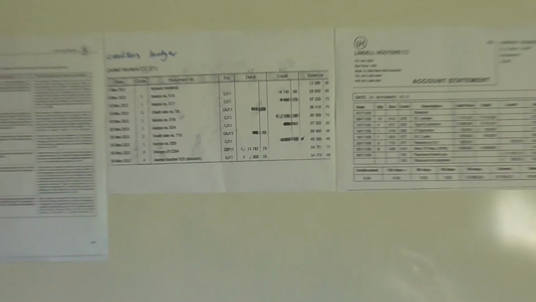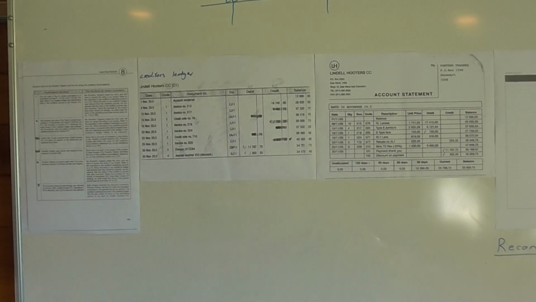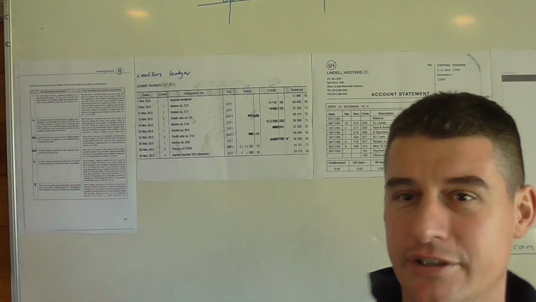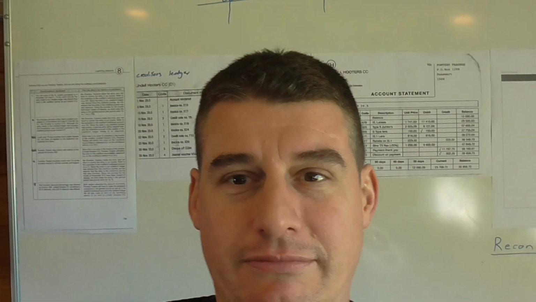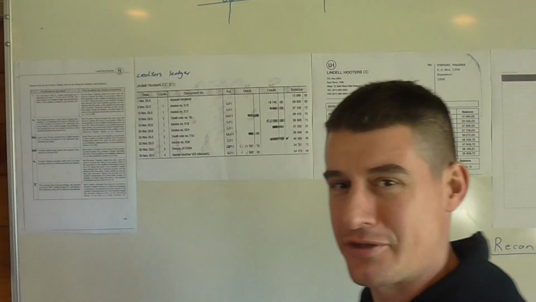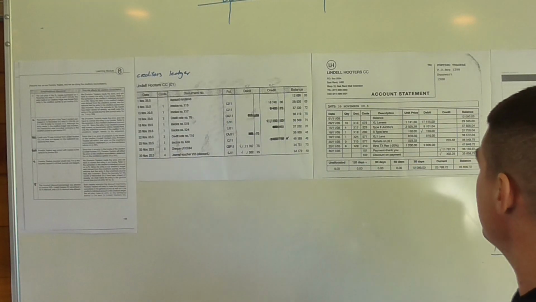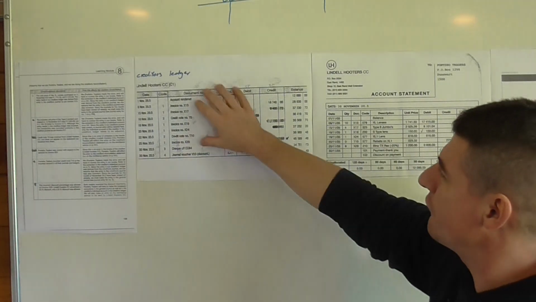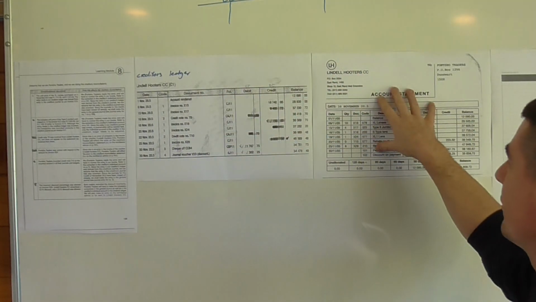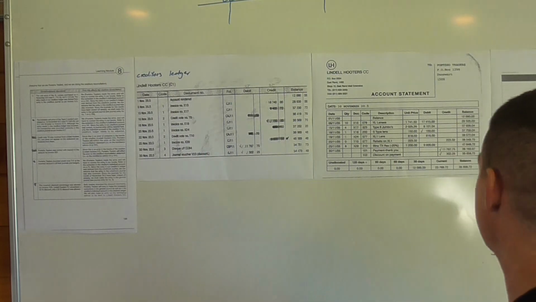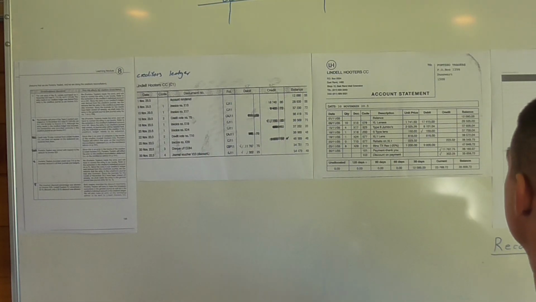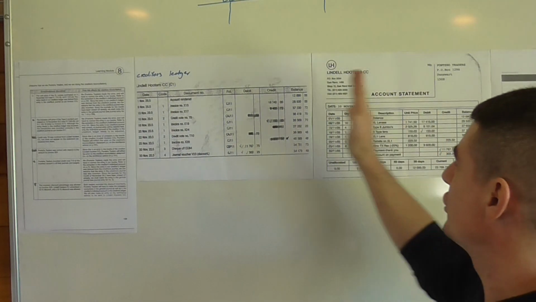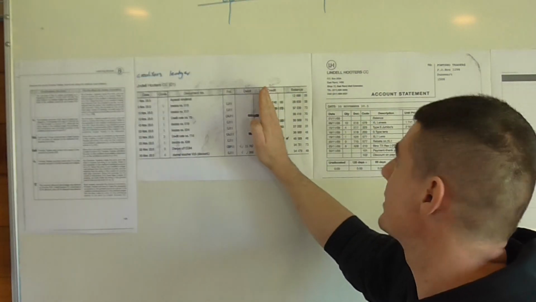The first step is to have your creditors ledger and your creditors account statement in front of you. Then you compare the debits of the account statement to the credits of your creditors ledger.